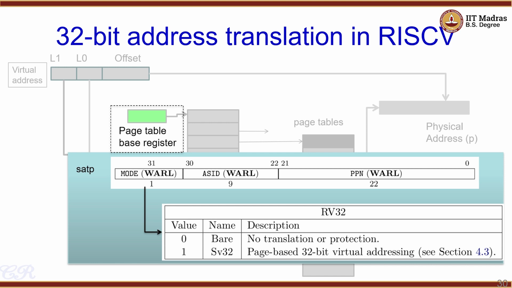So any virtual address that is sent out from the CPU, the corresponding physical address is generated. Every physical address is equal to the virtual address when the mode bit is set to 0. If the mode bit is set to 1, then we have to go through this page level translation, convert the virtual address to the corresponding physical address, right.